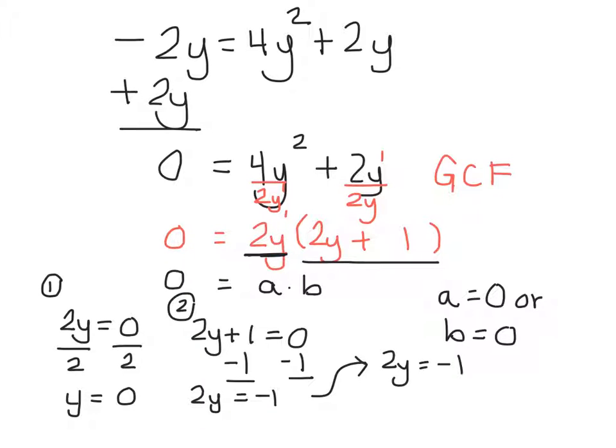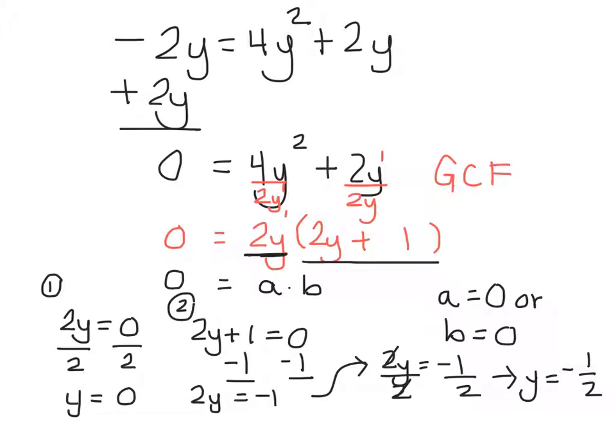And then to undo the multiplication by 2, I'm going to divide by 2 because dividing is the opposite of multiplying. When I do that, I get y is equal to negative 1 over 2.